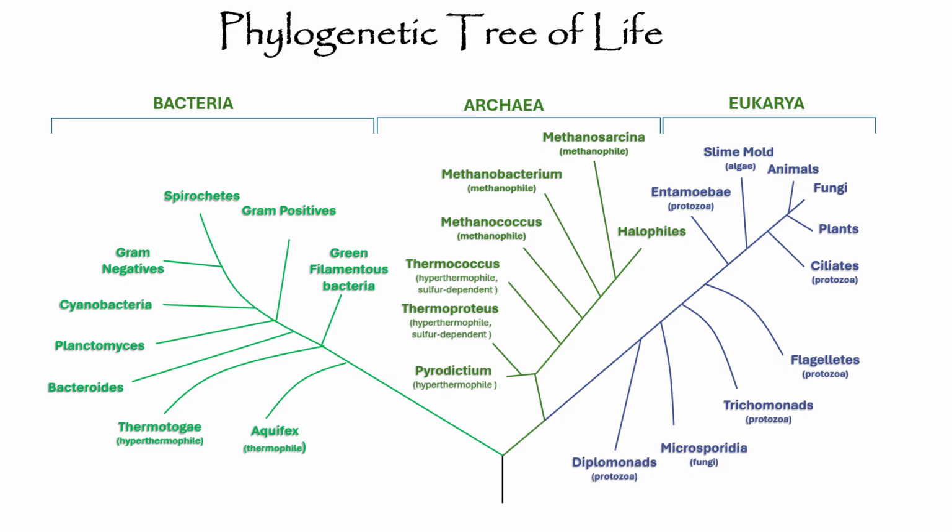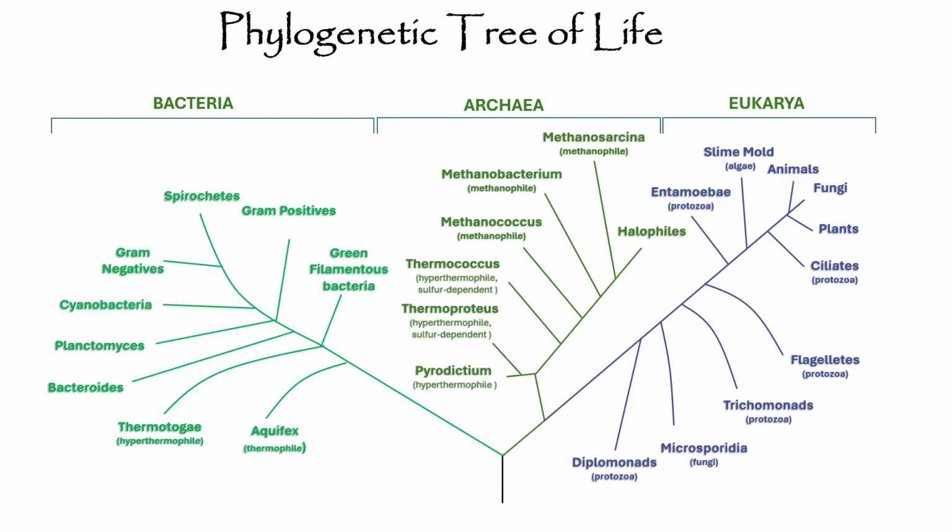These phylogenetic trees, like this tree of life, help us trace shared ancestry and compare how recently different groups split from each other. Because this tree is built from ribosomal RNA sequences, acellular entities such as the viruses, prions, and viroids are not included in this tree because they don't have ribosomes.